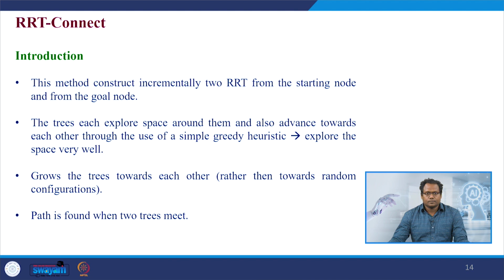Now, let us see the second path planning approach in our lecture today, which is RRT Connect. So, the introduction goes like this. This method constructs incrementally two RRTs, from the starting node and from the goal node.